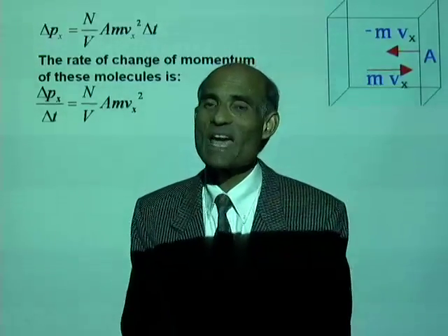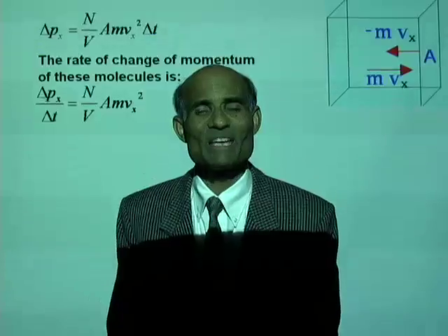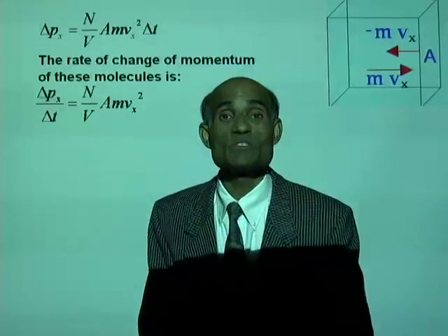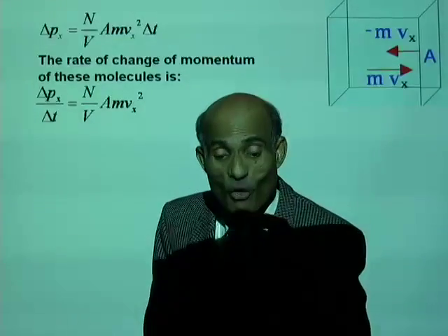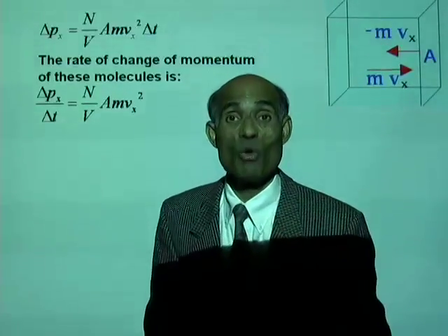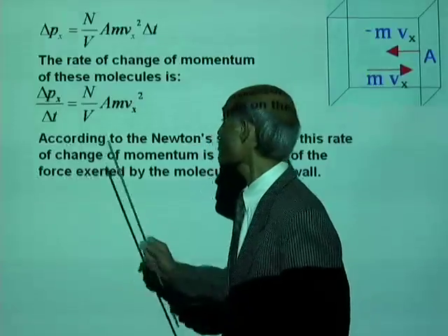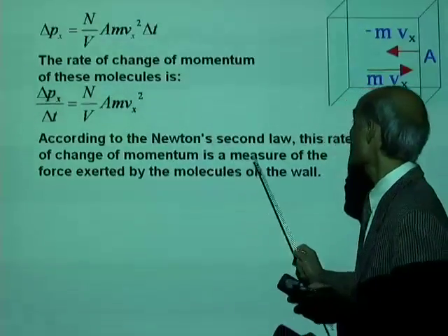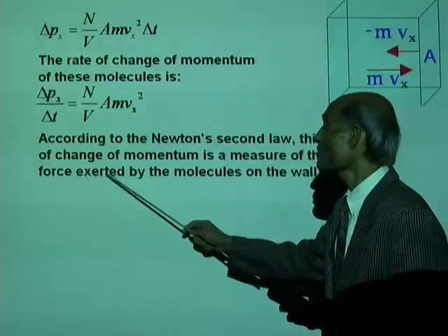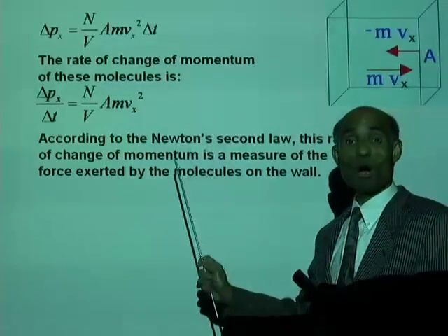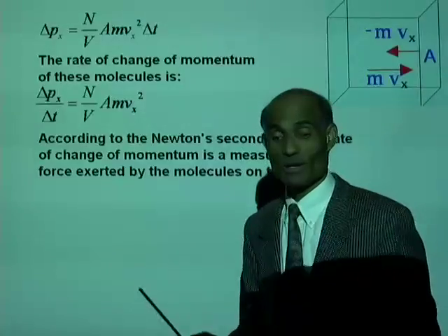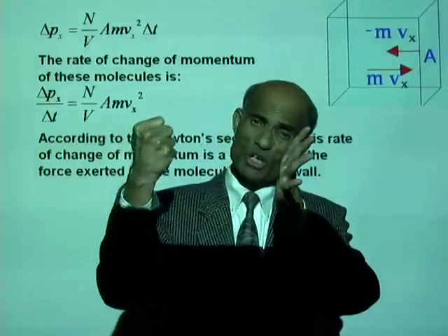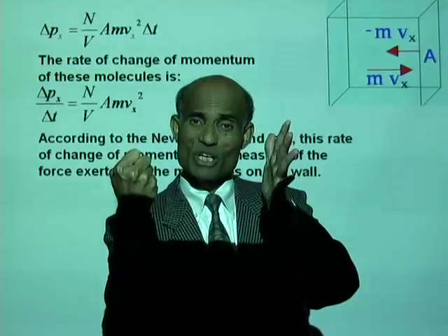Alright, what did we say Newton's second law is? The rate of change of momentum is a measure of the force exerted on the wall. According to Newton's second law, this rate of change of momentum is a measure of the force exerted by these molecules on the wall, because the change in momentum happened because the molecules hit the wall. You see?